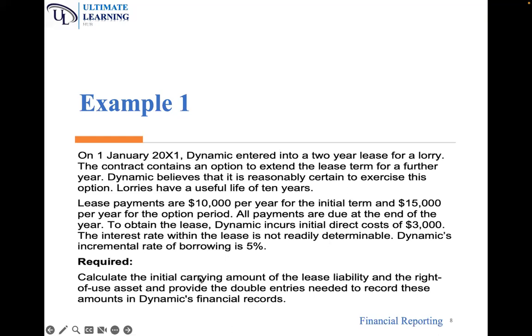Required: calculate the initial carrying amount. In other words, recognize the asset for the first time. How much do we recognize? Calculate the initial carrying amount, under initial recognition, of the lease liability and the right-to-use asset, and provide the double entries needed to record these amounts.